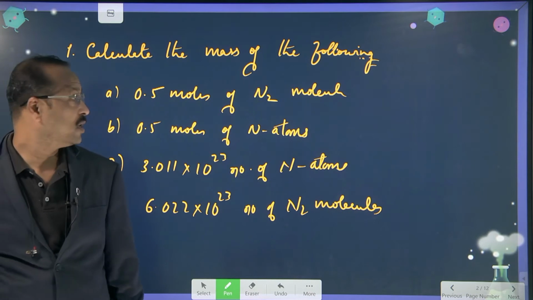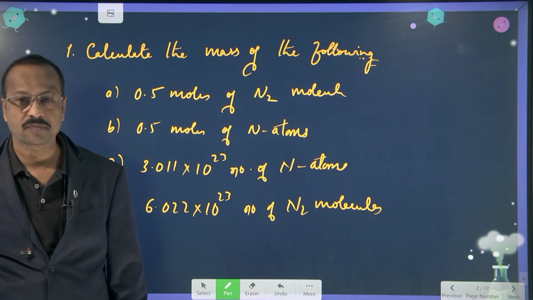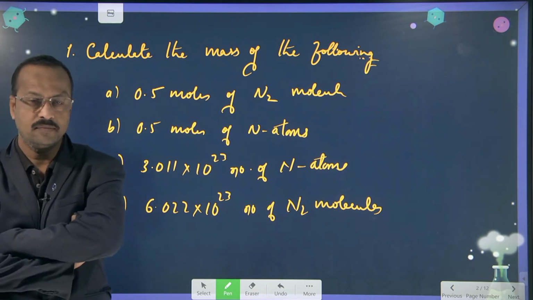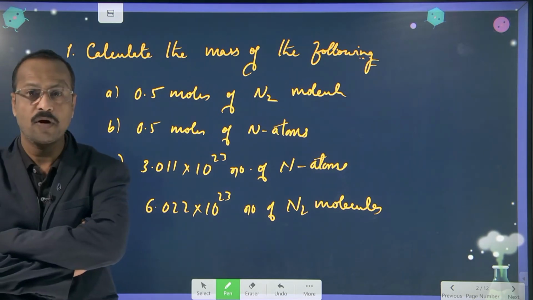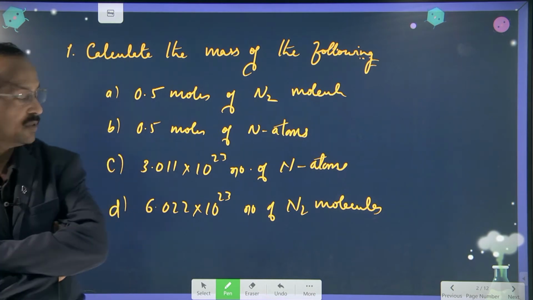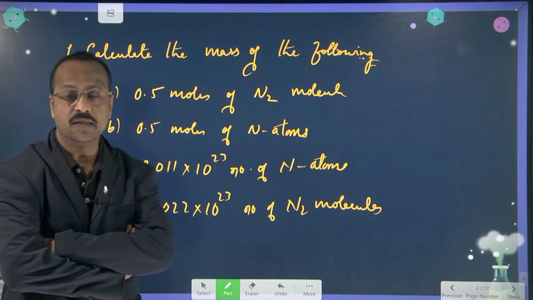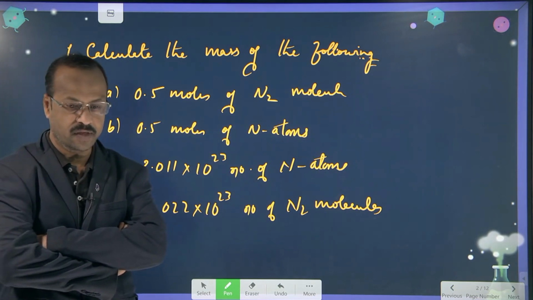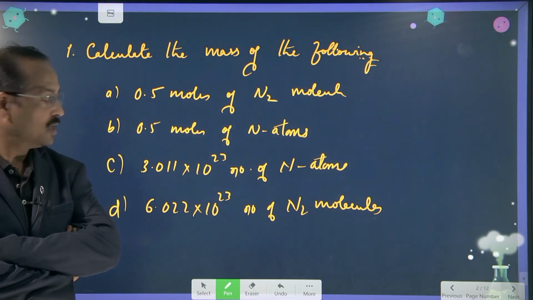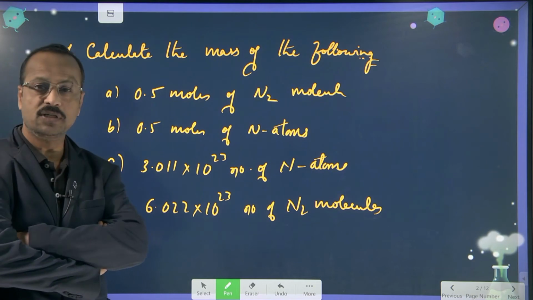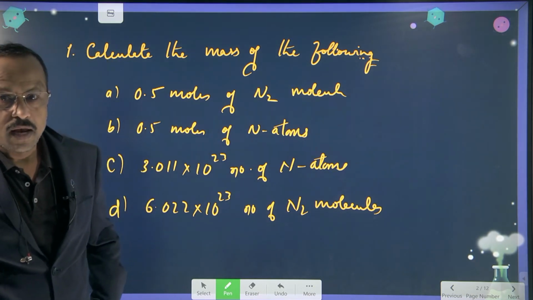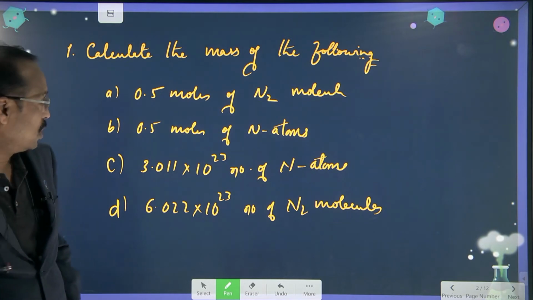Calculate the mass of the following: 1. 0.5 moles of nitrogen molecule, 2. 0.5 moles of nitrogen atoms, 3. 3.011 into 10 to the power of 23 number of nitrogen atoms, and last one, 6.022 into 10 to the power of 23 number of nitrogen molecules.